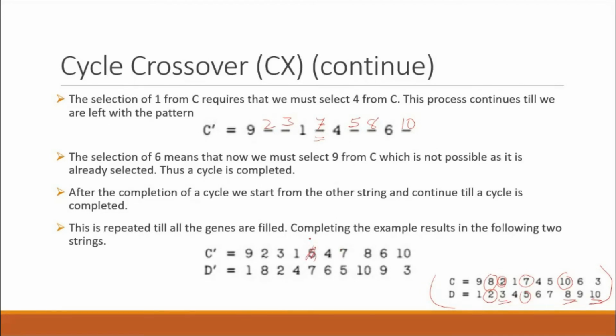This is to be 7 and this is to be 5. So that is a typing mistake in the text. So this is how the cycle crossover is done. The name of this particular method came up because it forms a number of cycles.